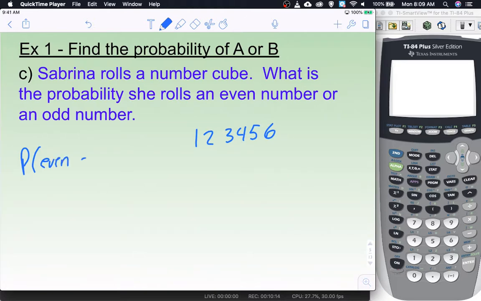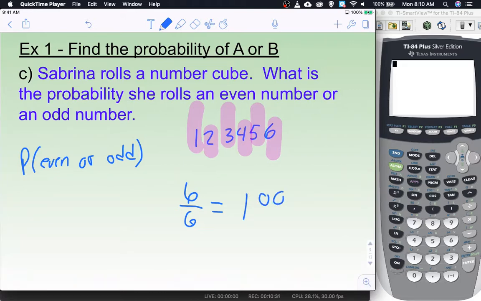So we want even or odd. Well, evens, boom, boom, boom. Odds, boom, boom, boom. So that's all of them. That's a 6 out of 6. That's a 100. That was supposed to be a fraction, but whatever. 100% chance of getting an even or an odd.